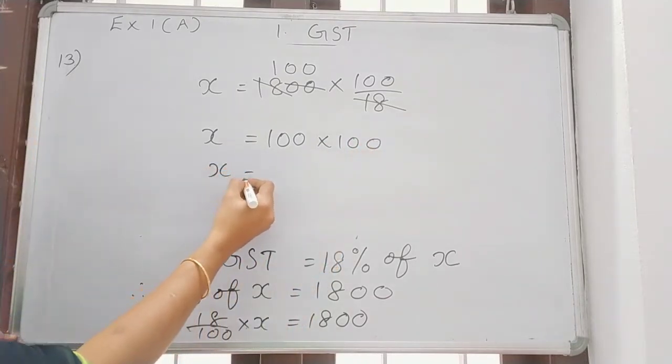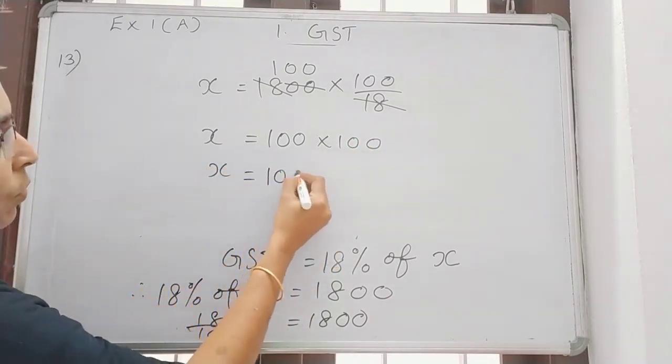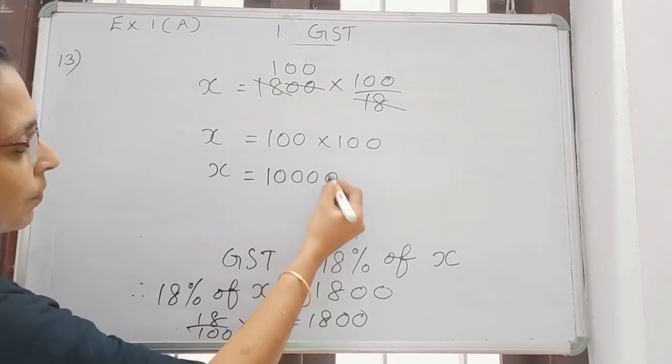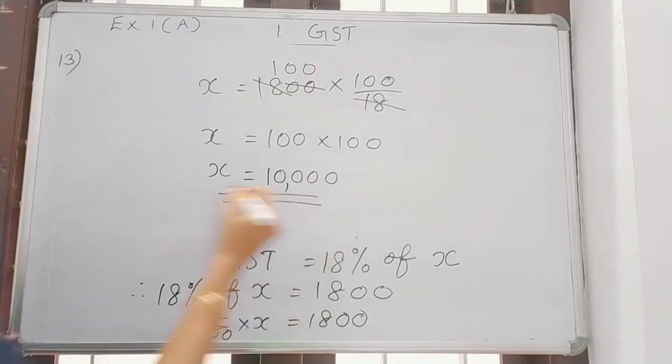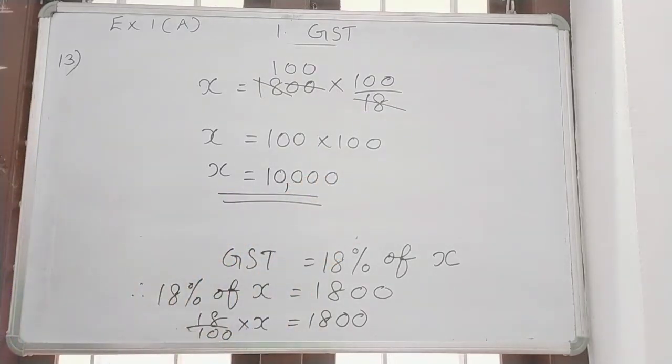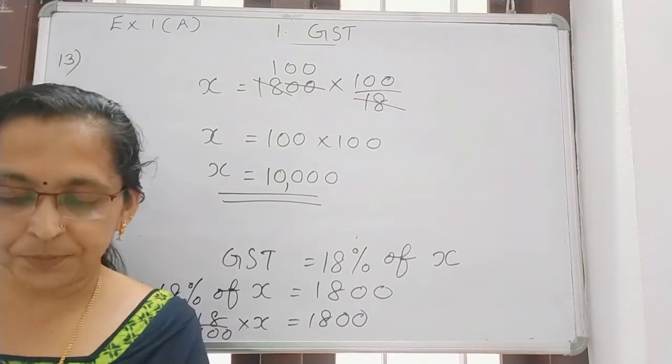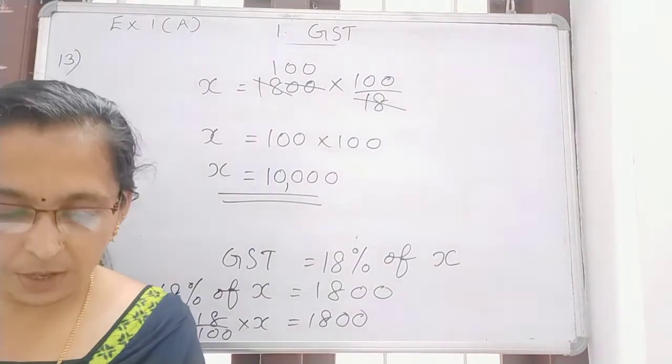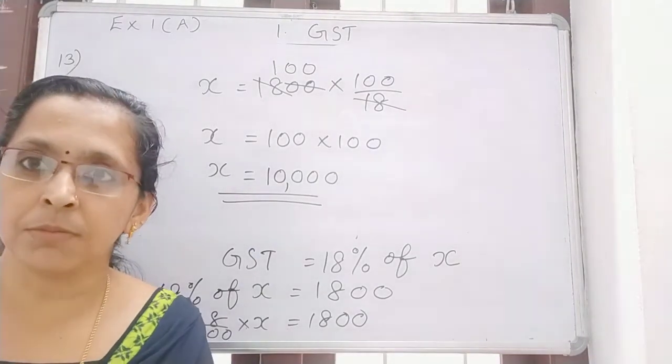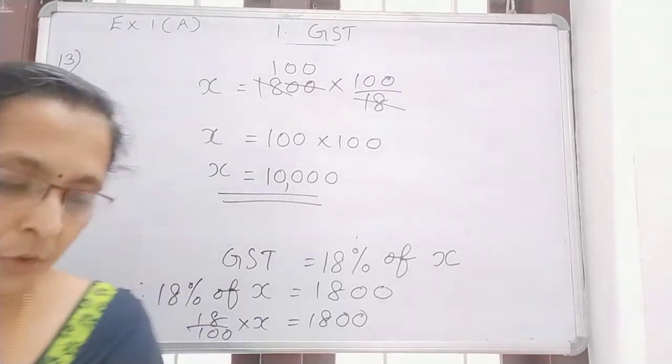So X will be 10,000 rupees, that is the amount of annual premium we have to find out. So total annual premium paid by him is equal to 10,000 rupees.